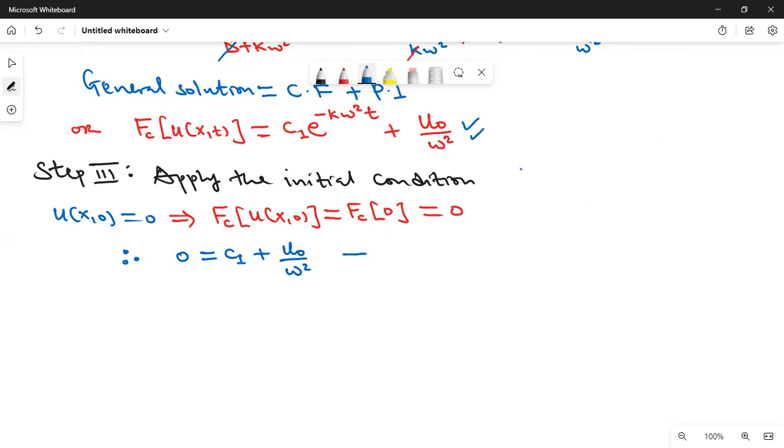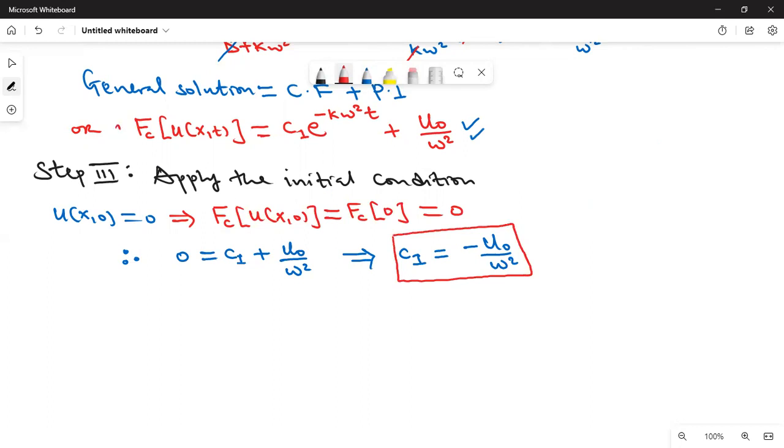And so we can now make c1 the subject. So from here, you get that c1 is equal to negative u naught over omega squared. So that's the arbitrary constant, which we now know its value because we have applied the initial condition.